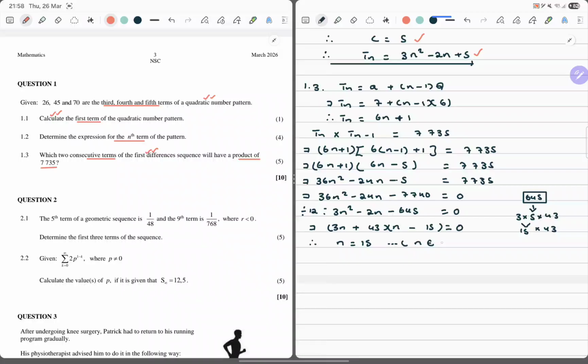Why am I choosing this? It's because n is an element of natural numbers, so we can't have a decimal. Great. So we can say therefore 7735 is the product of term 14 and term 15 of the first differences.